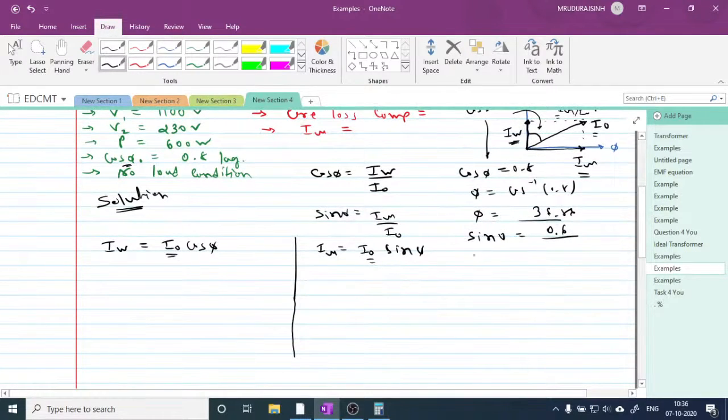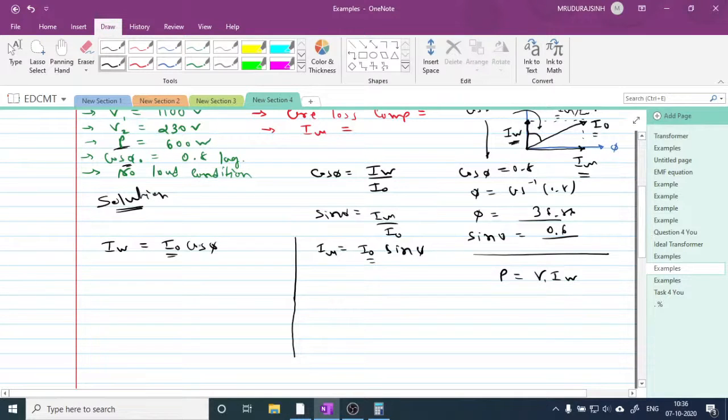Why? Because of the data given to us over here, power P. This power is drawn by the transformer at no load condition. So the power drawn by the transformer at no load condition is P is equal to V IW. Now what is IW?